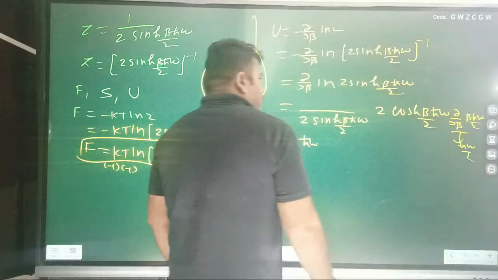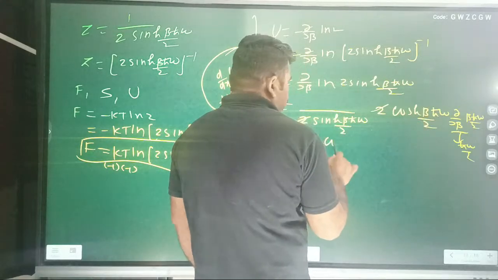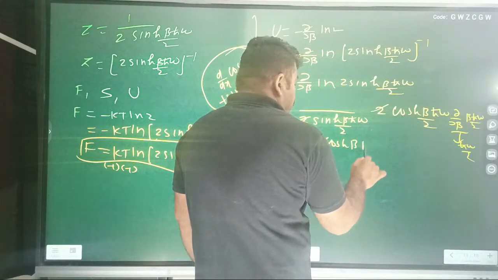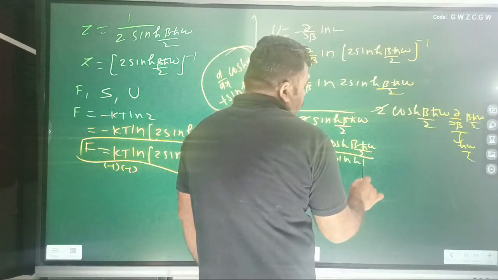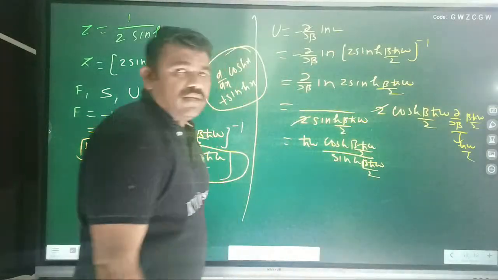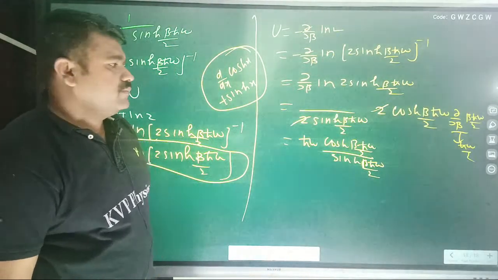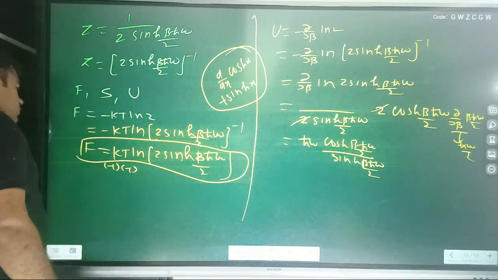Clear? Now these two get cancelled. This gives cos hyperbolic (beta h cross omega upon 2) divided by sin hyperbolic (beta h cross omega upon 2). Is it making sense? What will it be? Cos upon sin.